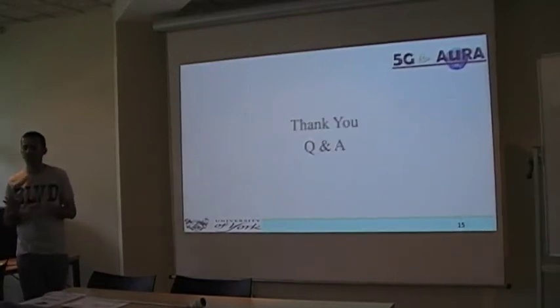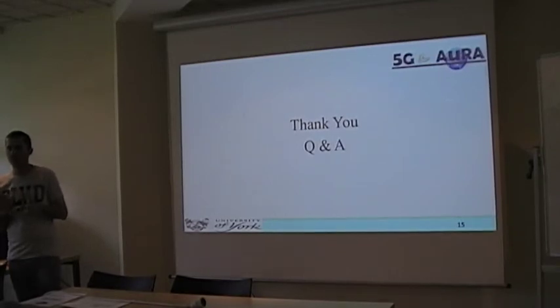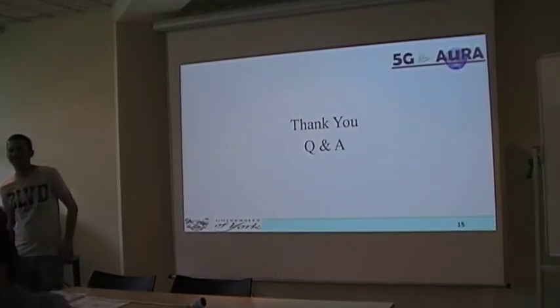I haven't done this. In the user association, to choose the best base station that the user should connect to, or the base station chooses the best user, or the users choose the best base station, you have to consider also downlink and uplink. Decoupling is something Alex is working on, and in the future that is going to be okay. But now you have to consider the same base station.